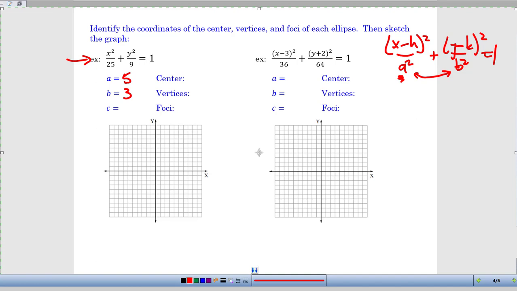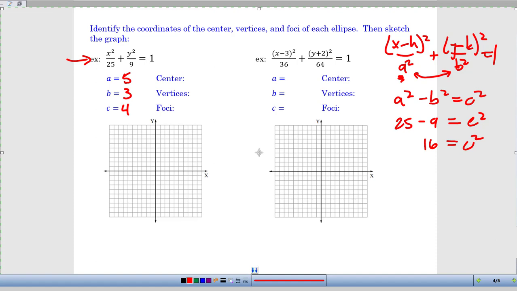And then if you'll recall, the relationship between a, b, and c, no matter how the ellipse is oriented, is a squared minus b squared equals c squared. So if we plug in, a squared is 25 minus b squared is 9 equals c squared, or 16 equals c squared. So if we take the square root of both sides, we get c equals 4.